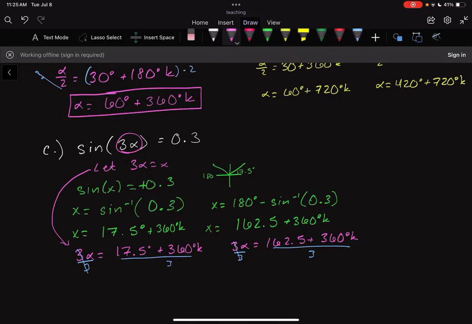So let's see what I get. 17.5 divided by 3 gives me 5.8. 360 divided by 3 is going to give me 120. 162.5 divided by 3 gives me 54.2. And then that would be 120K. So this would be my answer.